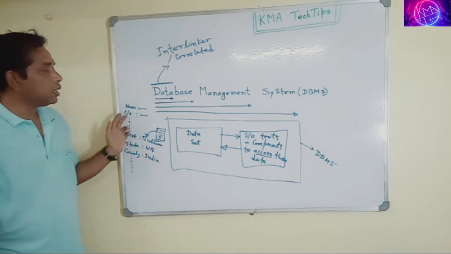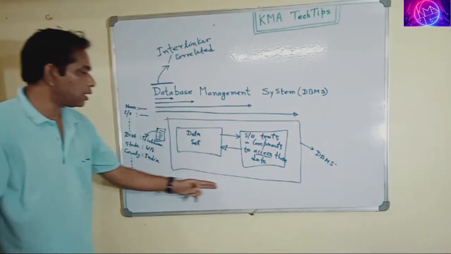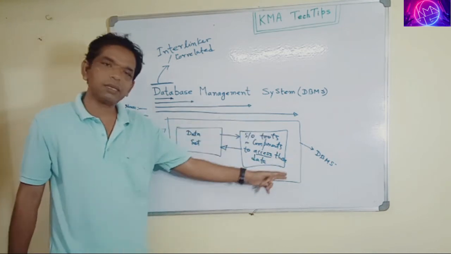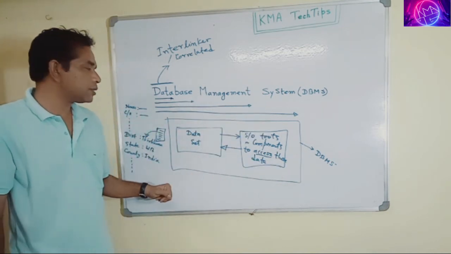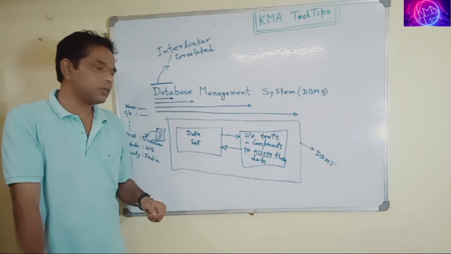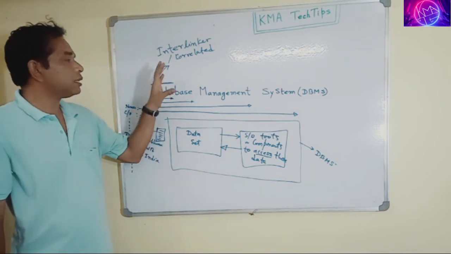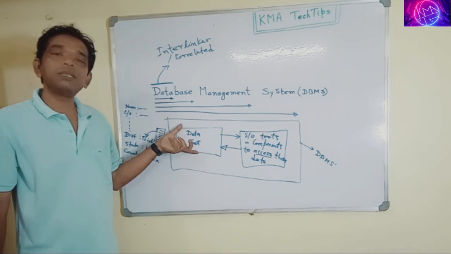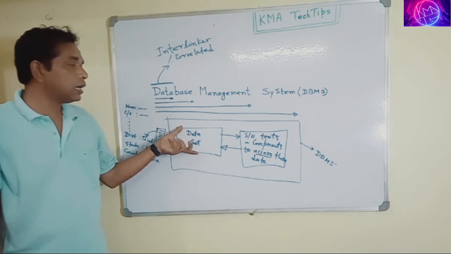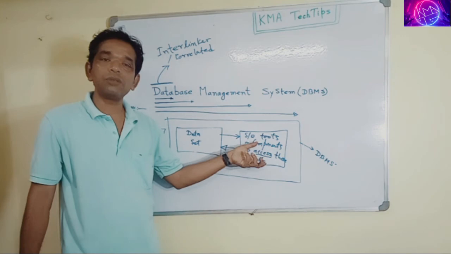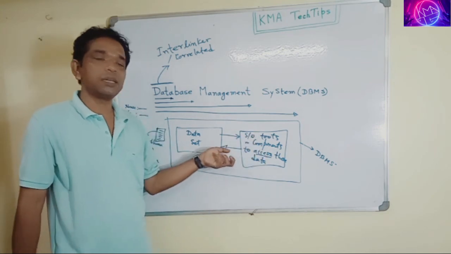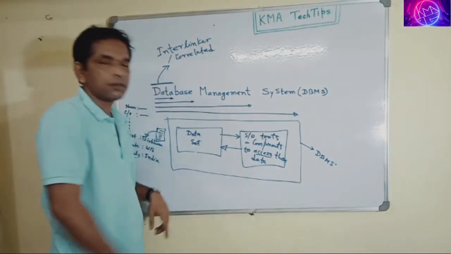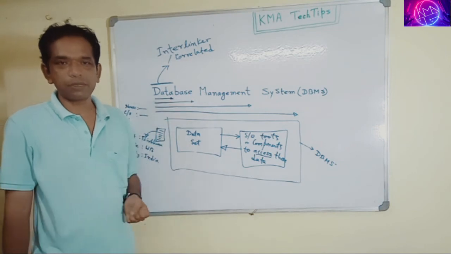So overall, you can define a database management system, DBMS, very briefly and clearly: a database management system is nothing but a collection of correlated or interlinked data and a software component to manage or access that data collectively. Very nicely.